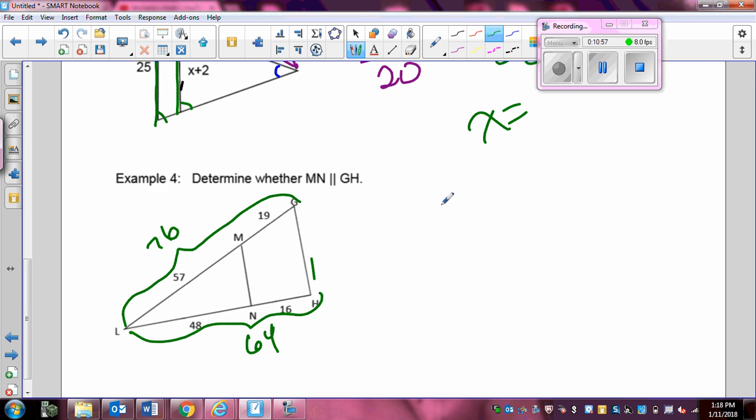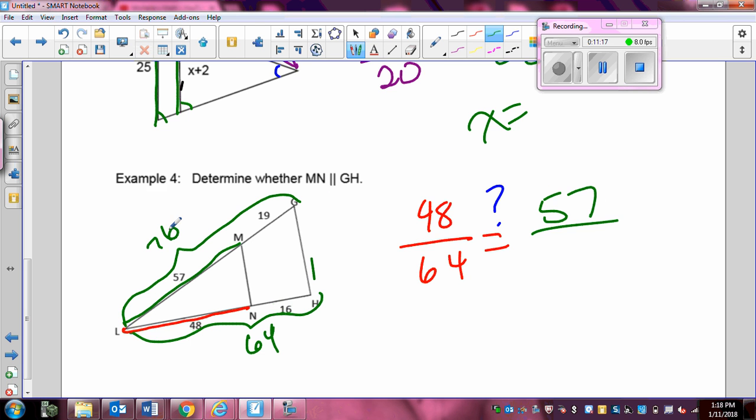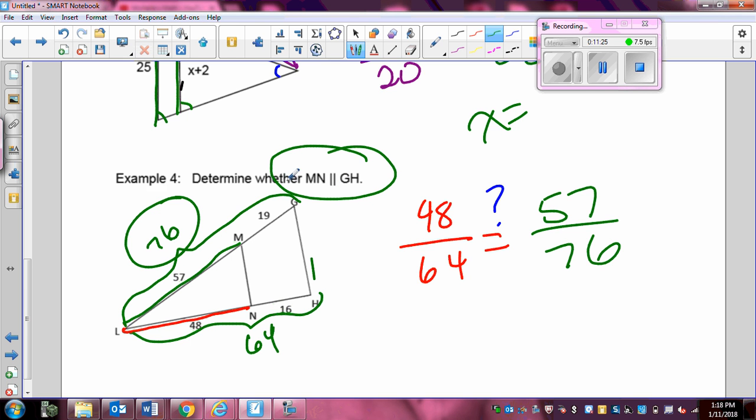So I'm going to do small triangle. I can start on the bottom side if you want, it doesn't matter. So it'd be 48 over the whole thing, which is 64, equals, we're going to find out if it equals the small one, 57, over the whole thing, which is 76. Find out if they're equal. Are the decimals the same? If they are, then these two sides will be parallel.